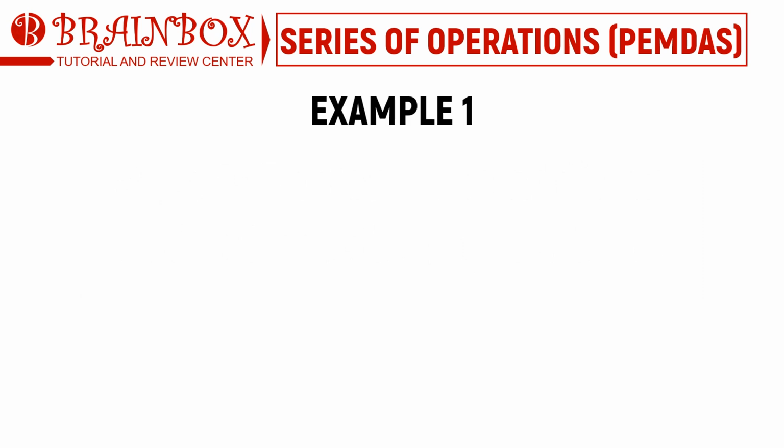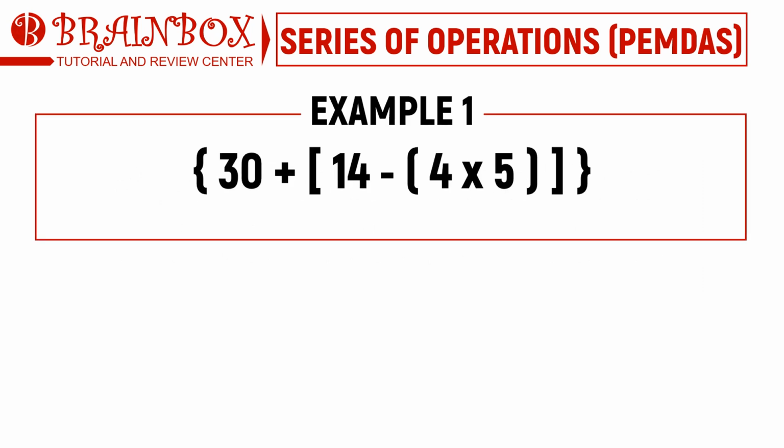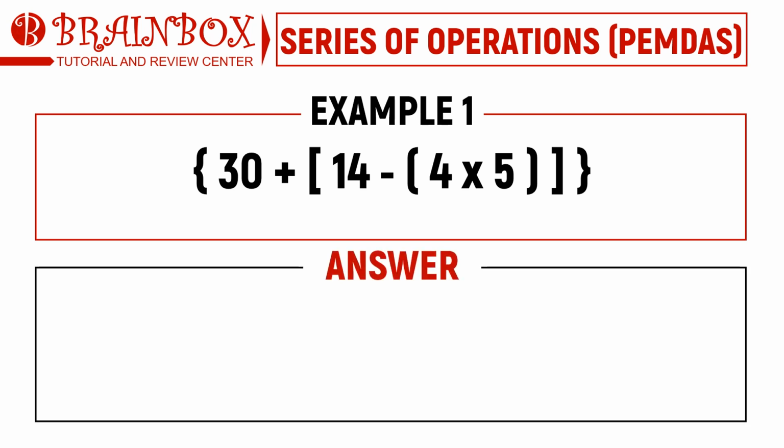Here is our first example. To answer this problem, we just have to remember the rules on PEMDAS which we have discussed earlier. To start off, let us perform the operation on the innermost part of the expression. Here you will notice that we have multiplied 4 by 5, which is inside a parenthesis, and got 20.